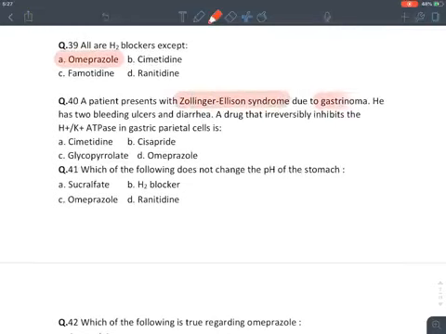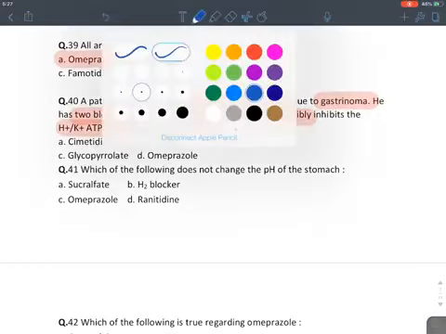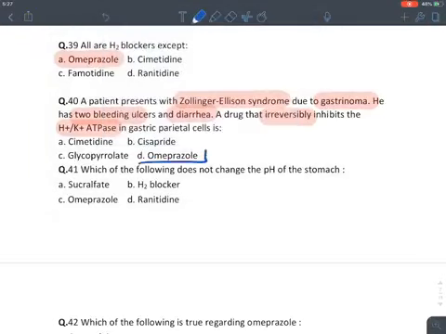A patient with Zollinger-Ellison syndrome due to gastrinoma has bleeding ulcer and diarrhea. The drug that irreversibly inhibits hydrogen potassium ATPase is omeprazole. Remember, omeprazole is the drug of choice for Zollinger-Ellison syndrome to decrease HCl production.